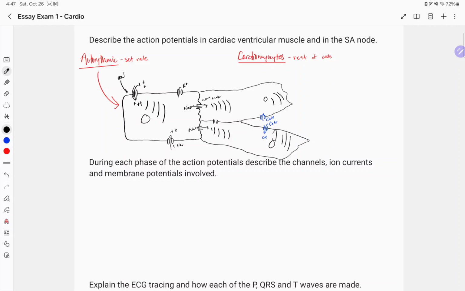So that's how action potentials work with the SA node and the cardiac ventricular muscles. Again, autorhythmic, making up the SA node, cardiomyocytes, making up the ventricular muscle.